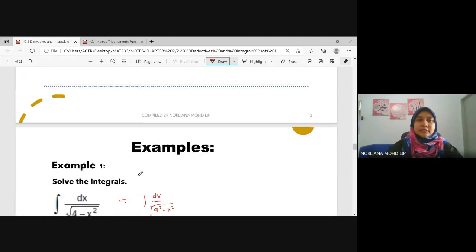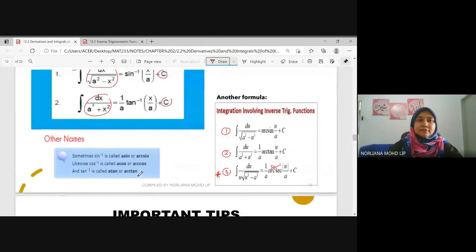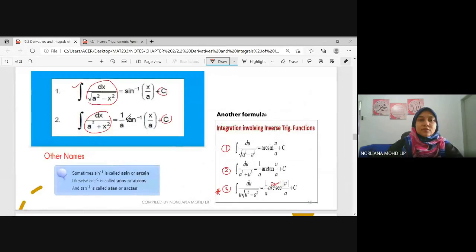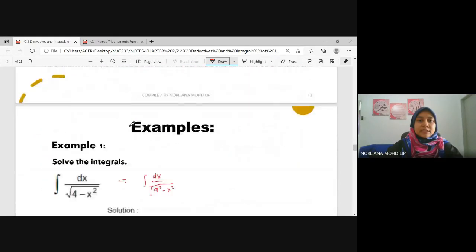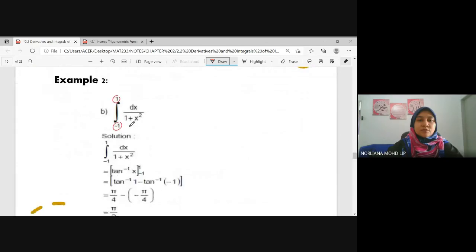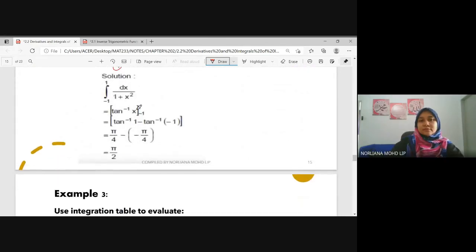Yang kedua tadi kan, tangent. 1 over a, tadi a dia is 1, so samalah. A is 1 plus, tadi kan 1 plus x square. So we substitute the boundary from 1 until -1. 1 minus -1. So akan dapat yang ni lah.